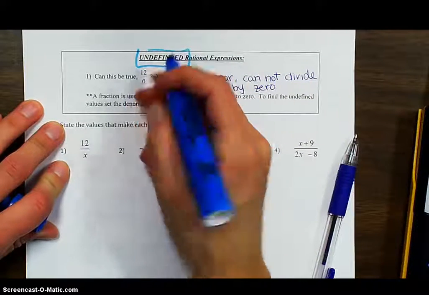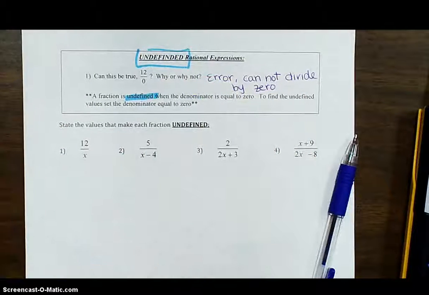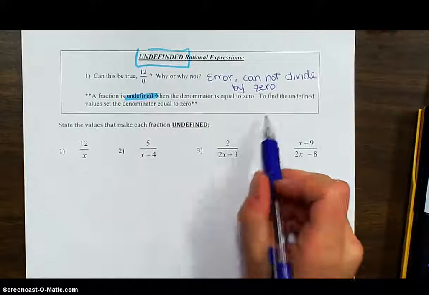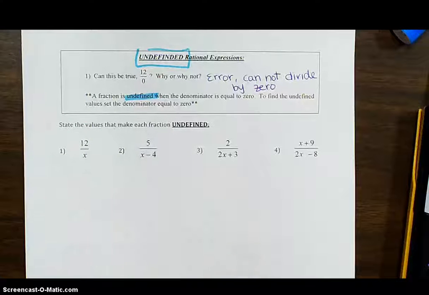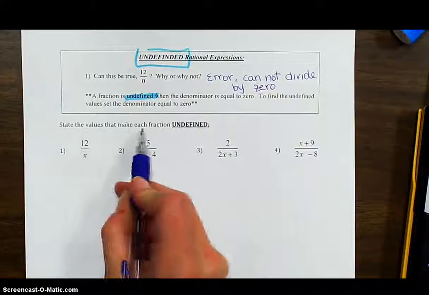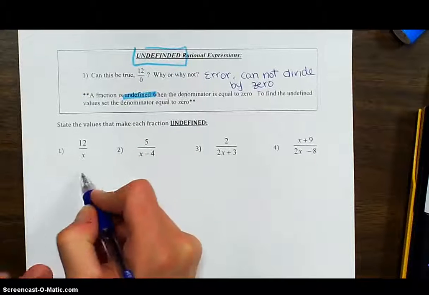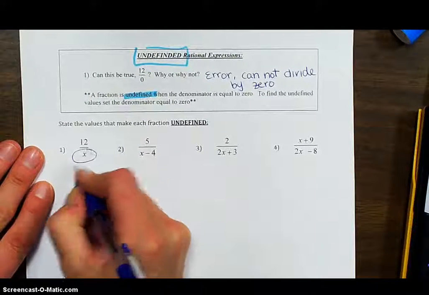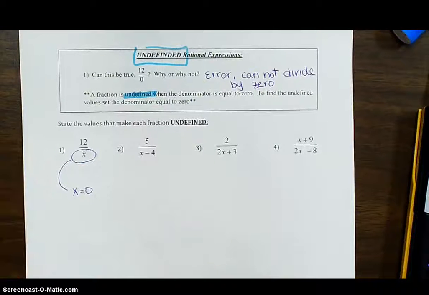A fraction is undefined when the denominator is equal to 0. To find the undefined values, set the denominator equal to 0. So state the values that make each fraction undefined. Well, undefined, look under the fraction, and we're going to set this equal to 0. So x equals 0 is the undefined term.